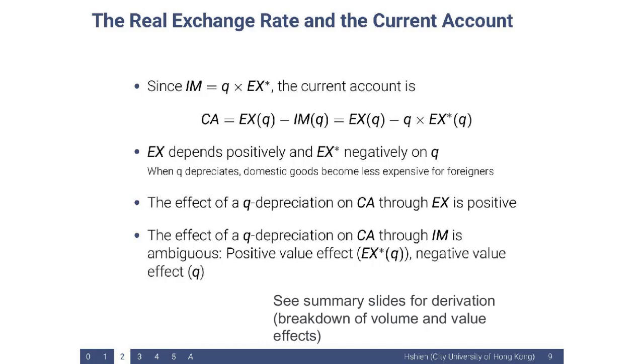And as we talked about earlier, the effect of Q through IM is somewhat ambiguous. It all depends on whether we believe the value effect dominates or the volume effect dominates. But for now, let's just assume that the value effect is negligible. We're working in a period of time that's not the very short run, like a few months.